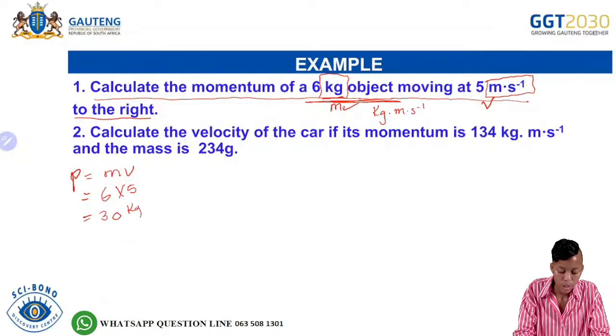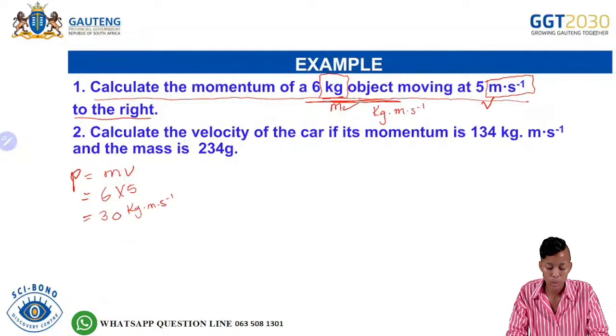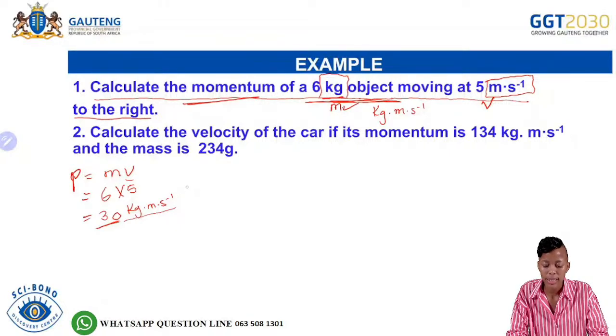So it's going to be kilograms meters per second. Those are the units for momentum. And then remember we said that momentum is a vector quantity, meaning that it will have magnitude, unit, and the direction. So what was the direction for the velocity?